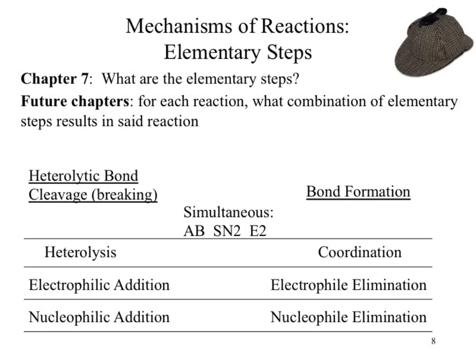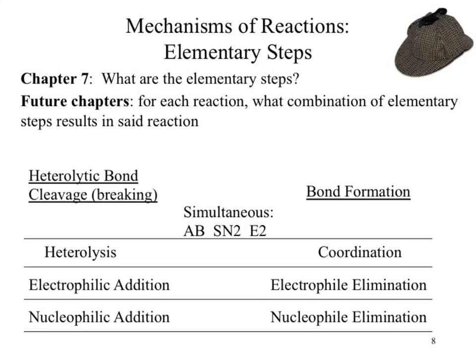All right. So within this, in a simultaneous situation, heterolytic, our bond cleavage and bond formation happen at the exact same instant. We would show that by showing all of the arrows happening in the exact same step. Heterolysis is now just the breaking of the bond. Just saying, let's just break it, followed by potentially coordination as bond formation.